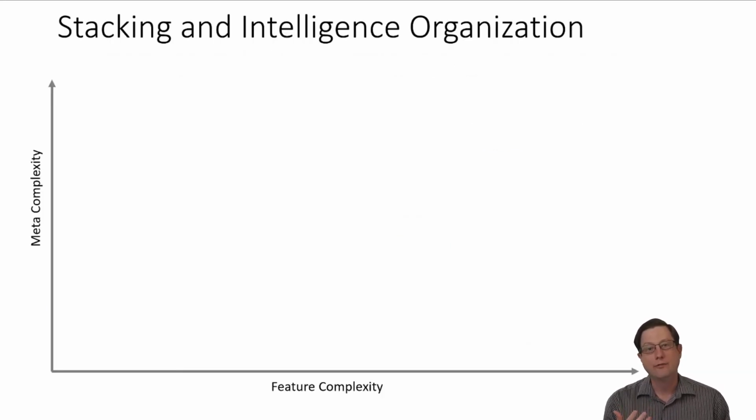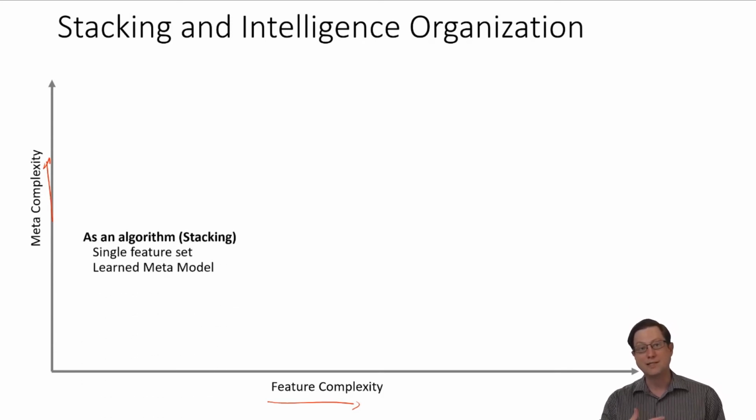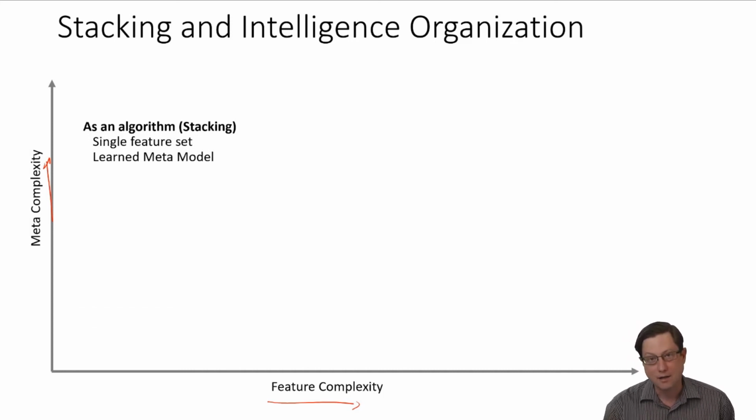And let's start off with this example, which is a very, very simplified diagram. On this axis is the complexity of the feature engineering that you do across your whole system. And on this axis is the kind of meta or interdependency between model complexity that you have within your system. Now, what we just talked about was stacking and using stacking as an algorithm. And if you look at it on these 2 dimensions, you basically have one feature set for your training problem.